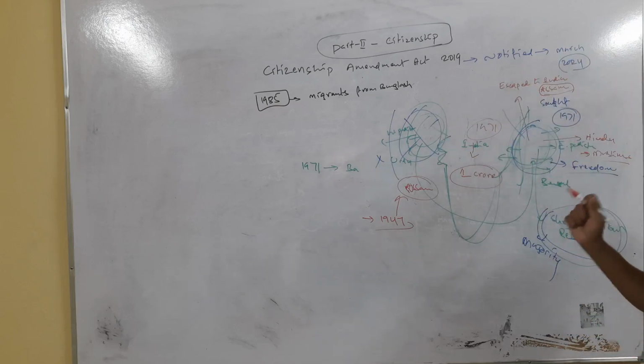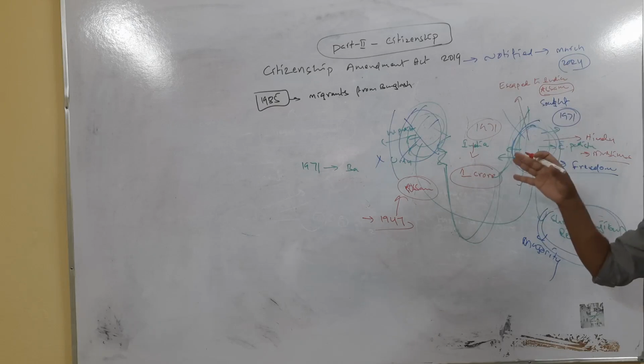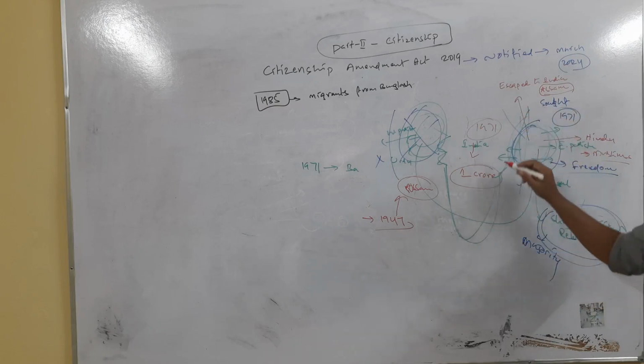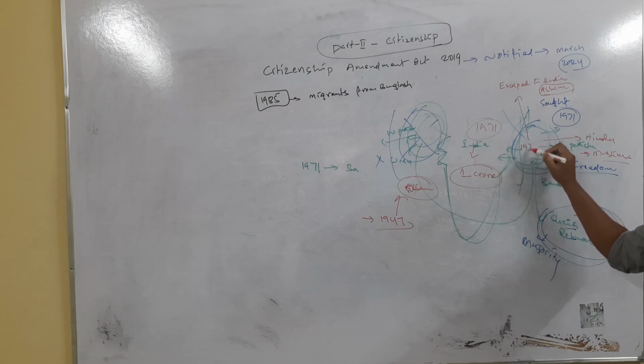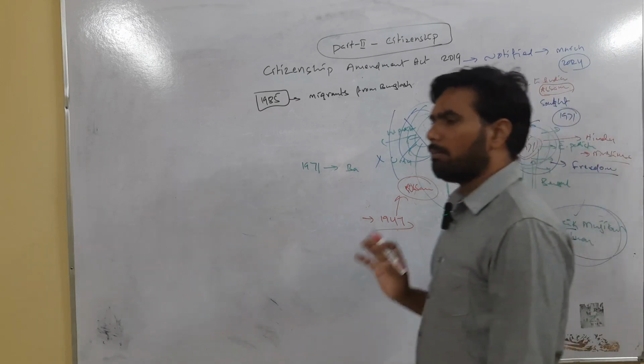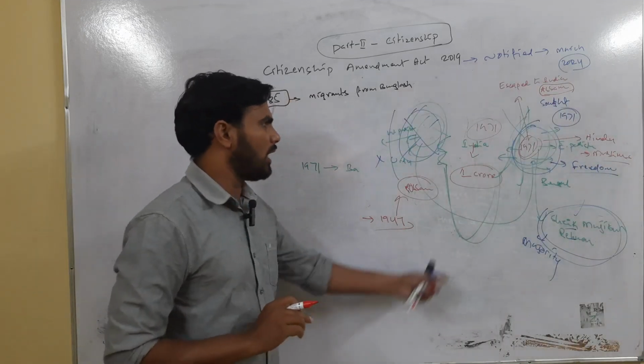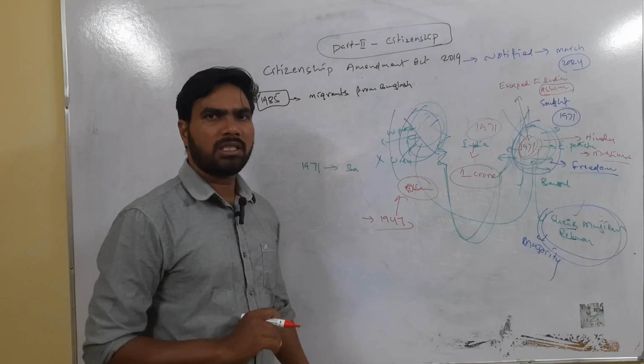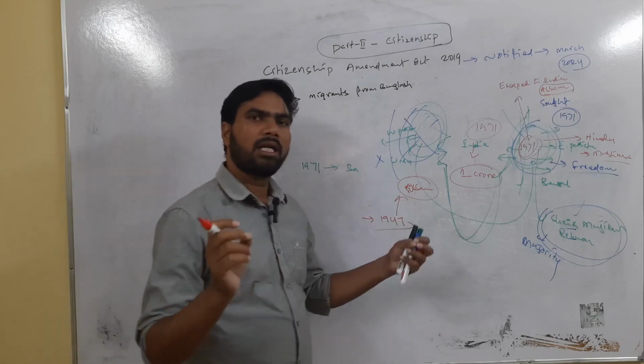But migration to Assam became a very big problem during the 1971 period, because it was a very huge scale migration of people escaping the violence by the army of West Pakistan. Then it impacted the local people.